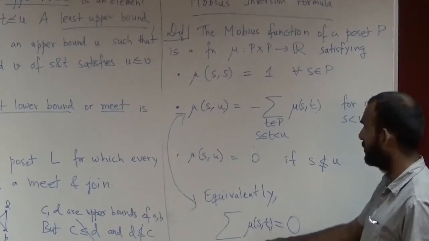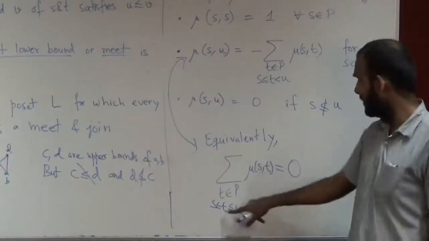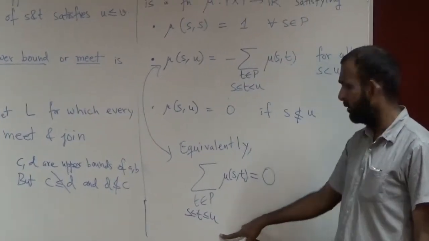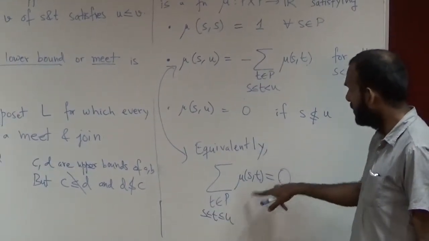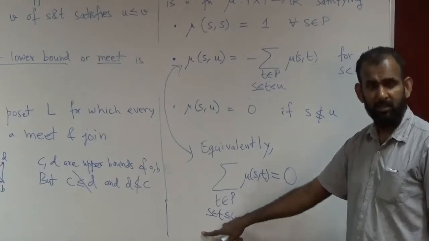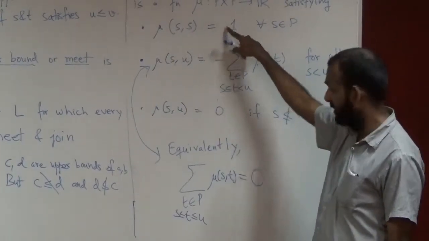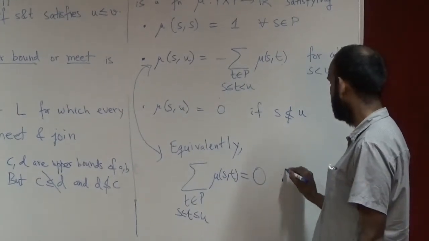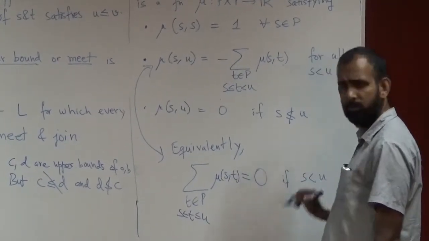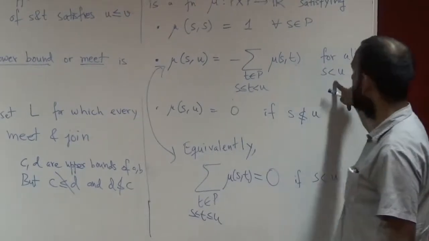Right, the sum is over t between s and u. The sum is over t between s and u. If u were equal to s, then I only have mu(s,s), that is 1. So this is 0 if s is strictly less than u. That's what I have here actually.